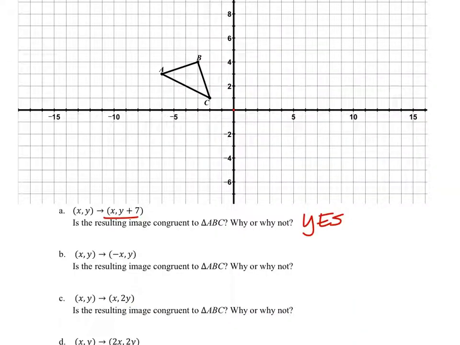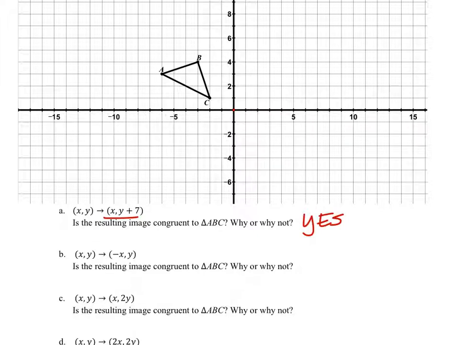All right, on this one, B, we got (x, y) with the coordinate rule (negative x, y). So first of all, does anyone know what type of transformation this is? Well, when the y's are the same, but the x's are opposites, this is a reflection.